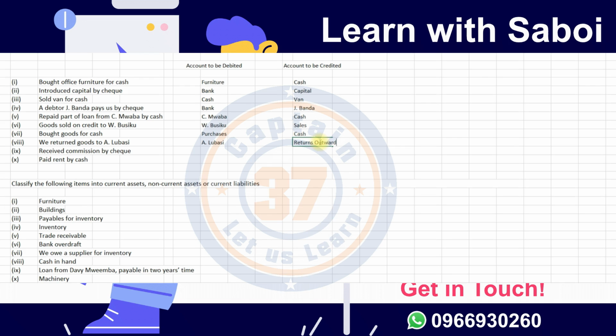So return outwards. Number 9, received commission by check. It could be that maybe we have Zona, or Airtel money, or MTN money. For every transaction, we get a commission. At the end of the month, or whatever period it is, they give us a commission, and we are receiving it by check.